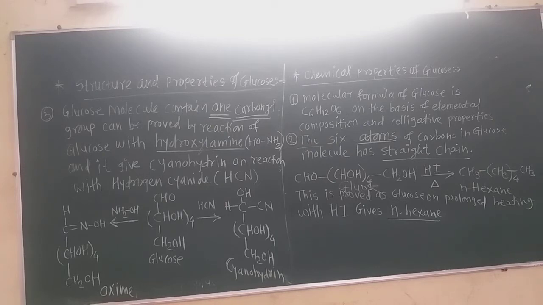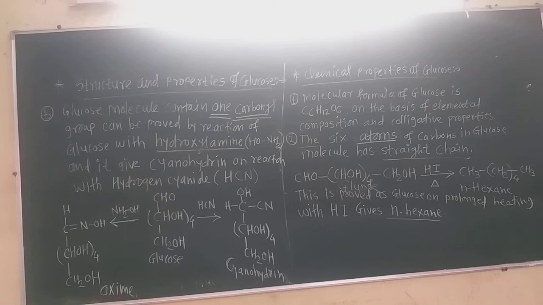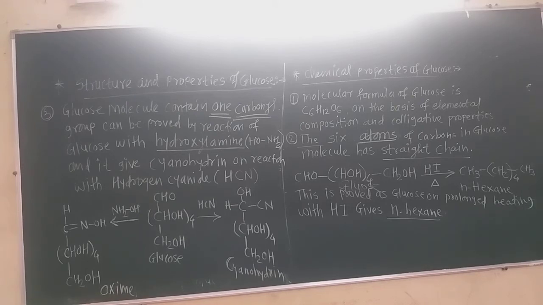In examination they ask, how can you prove that in glucose there is a carbonyl group? Or how can you prove that in glucose there are 6 carbon atoms joined in a straight chain? The last reaction with hydroiodic acid proves that. Now this reaction proves that in the glucose molecule there is a carbonyl group.